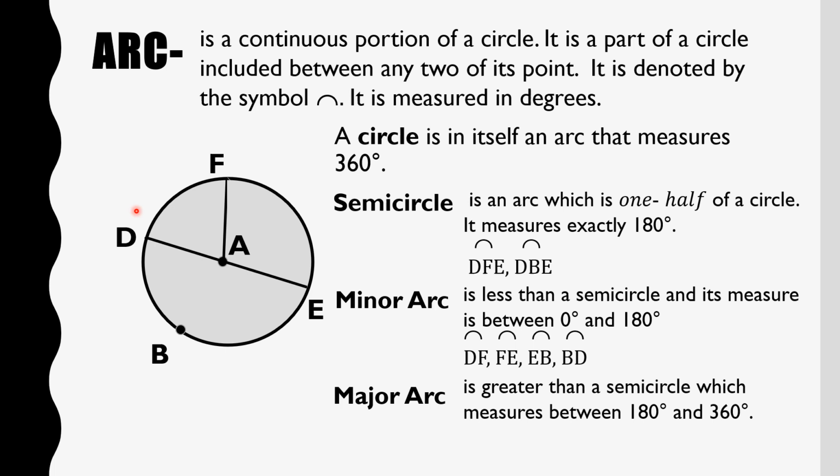It is greater than a semicircle which measures between 180 degrees and 360 degrees. A major arc is named using 3 points. The first and the third are the endpoints, and the middle point is any point on the arc between the endpoints. So in this case, we have arc DBF, and arc FEB.